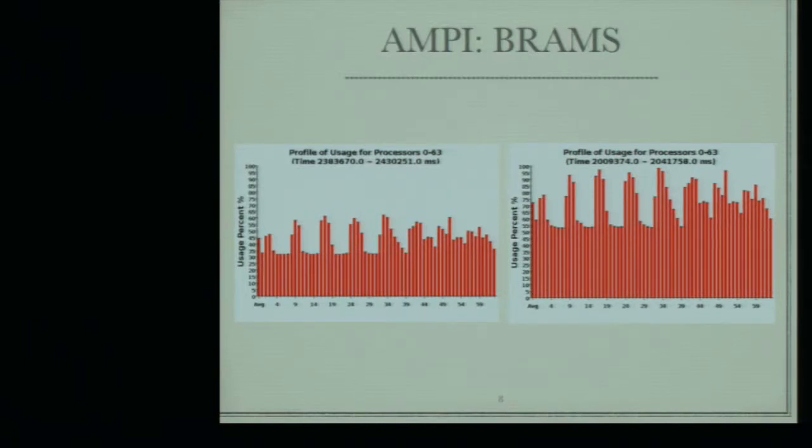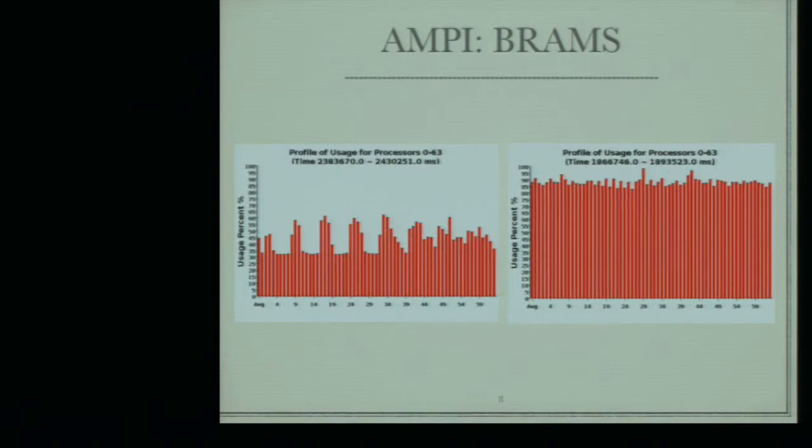Add load balancing to this and we get this. The figure on the right shows the utilization profile when BRAMS is run in an over-decomposed environment with load balancing being done. We are able to consistently get an average utilization of 85%, and some of the processes are utilized almost 100% of the time.